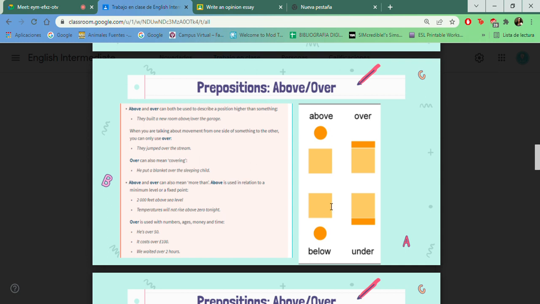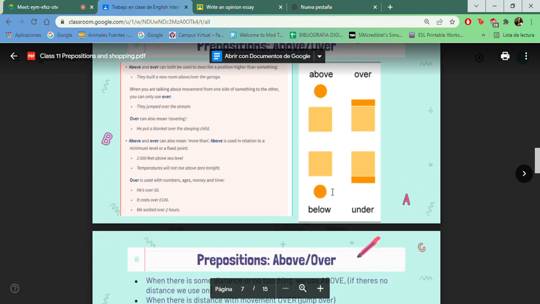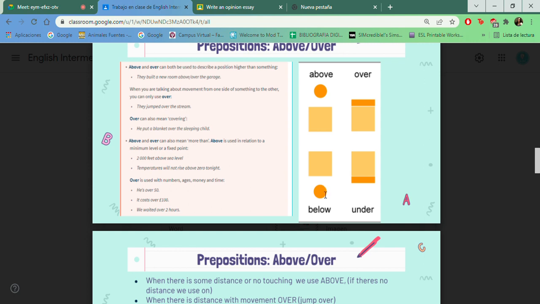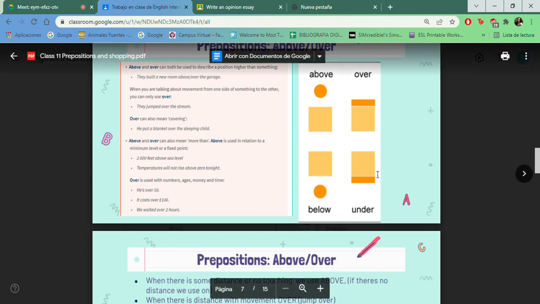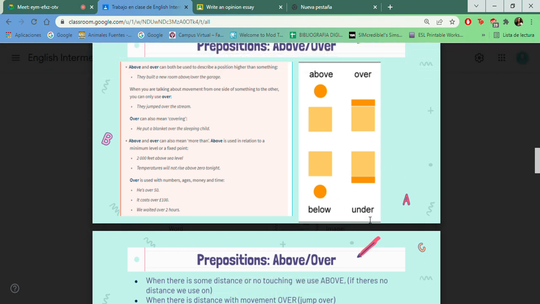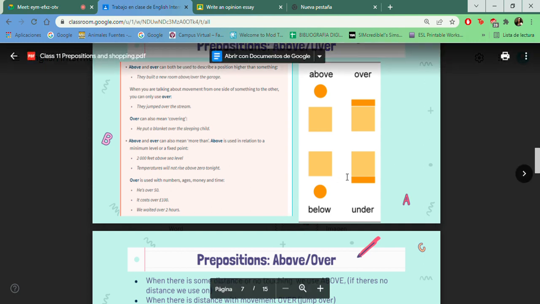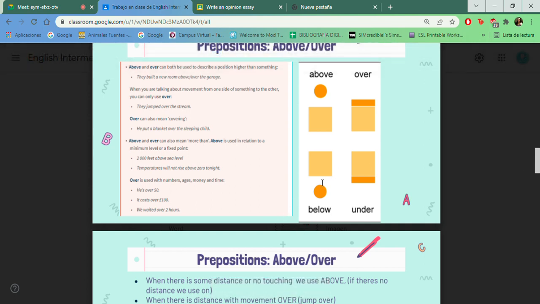Then we have below. The difference with under is that below is with distance. On the other hand, with under, the things are closer to each other, you could say. That's the difference.